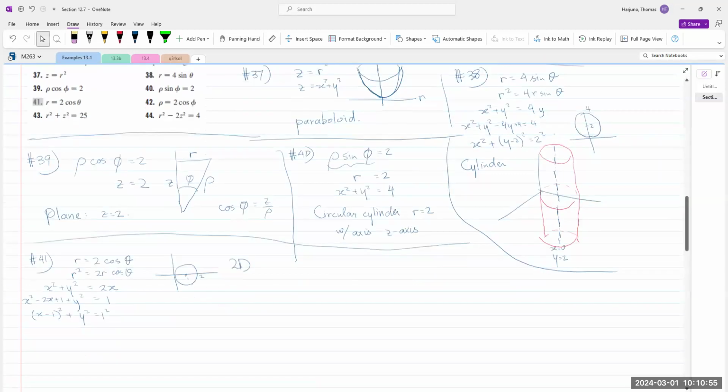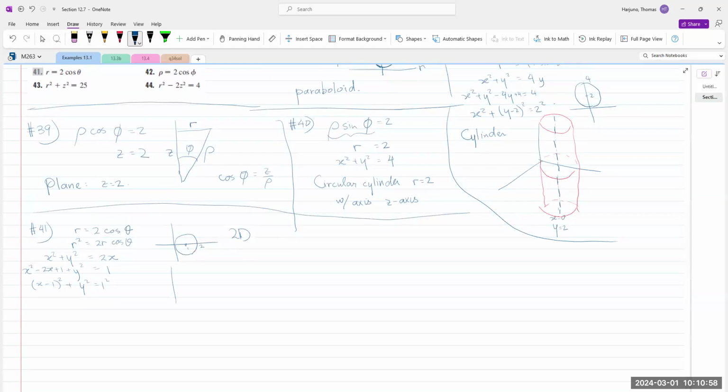But in 3 dimensions, it becomes a circular cylinder centered at (1, 0, z). In other words, that should give us a cylinder with axis at x equals 1 and y equals 0. This is the axis here.